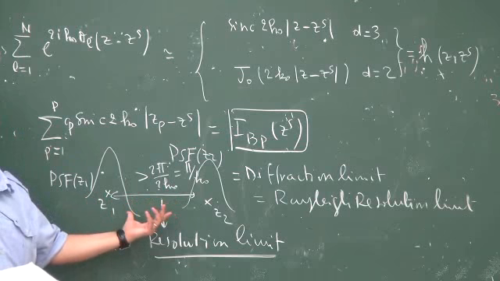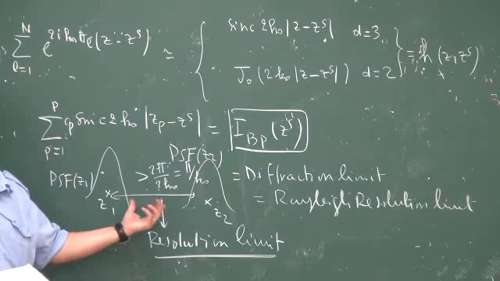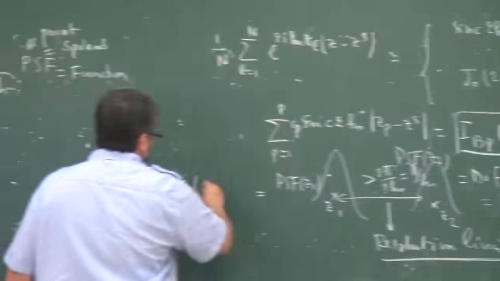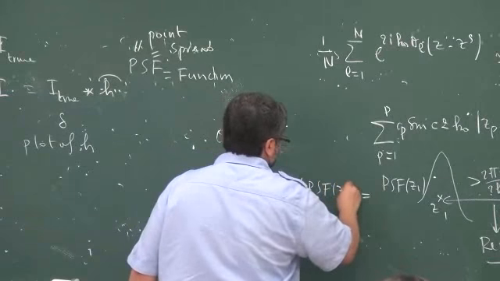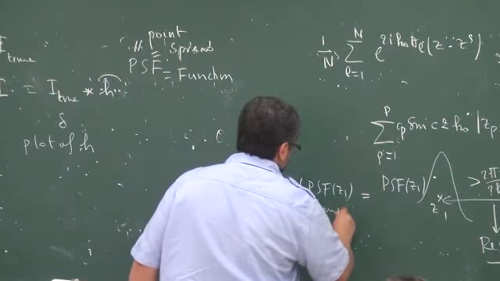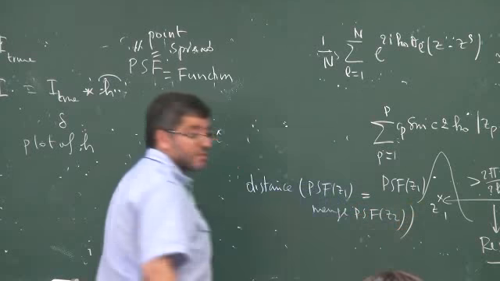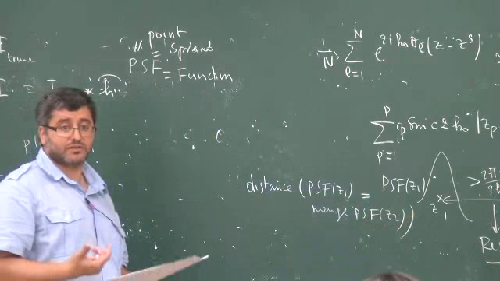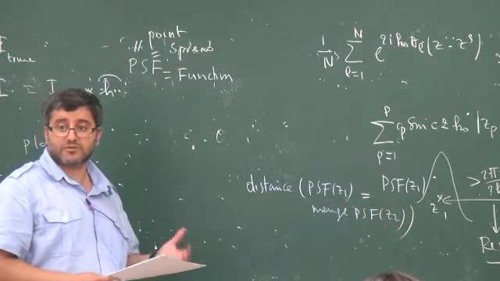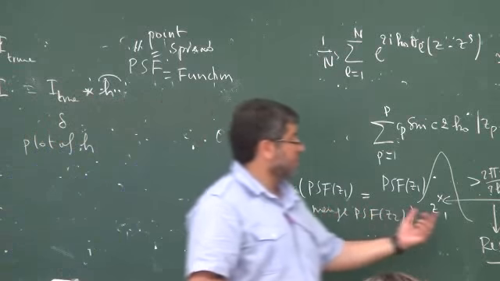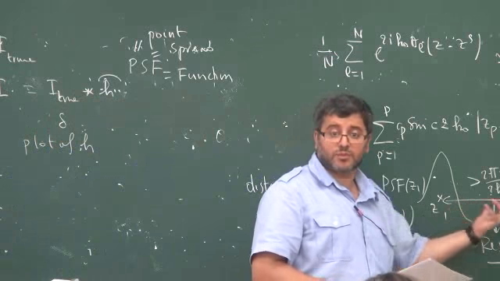Then you will say that there is only one point and not two. So it is the distance from which PSF Z1 merges with PSF Z2. This is the mathematical definition of resolution. It is the smallest distance from which you can see two points.